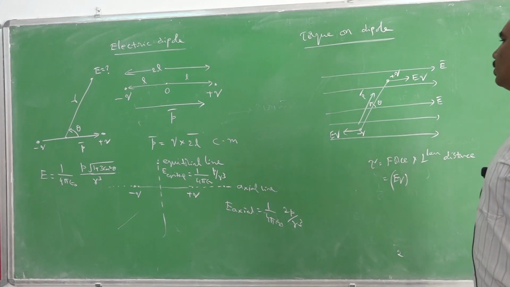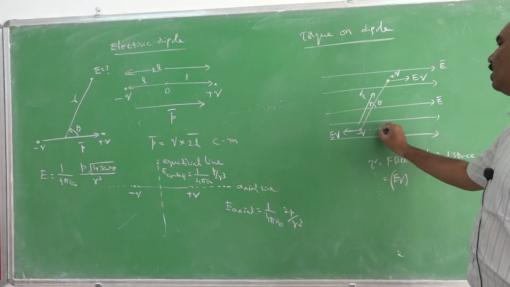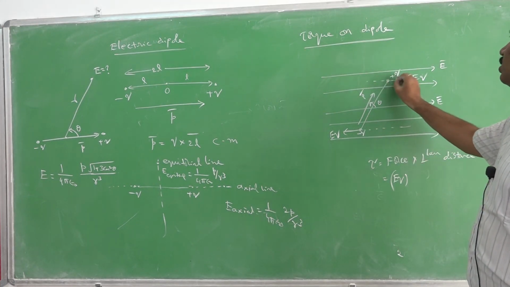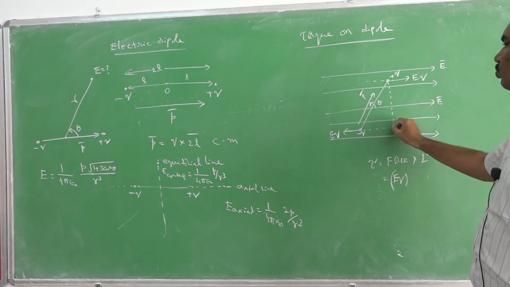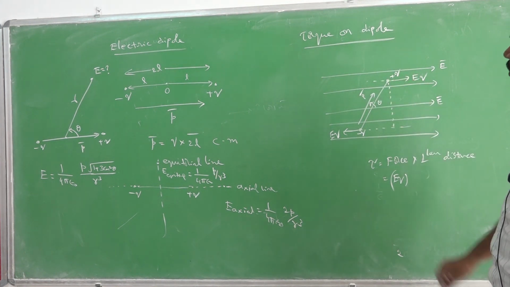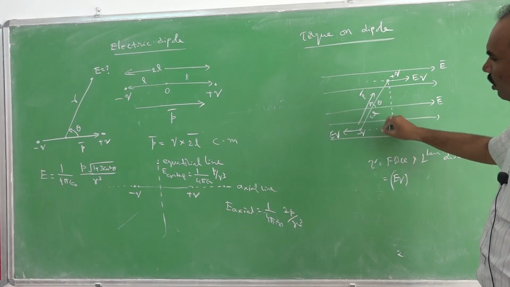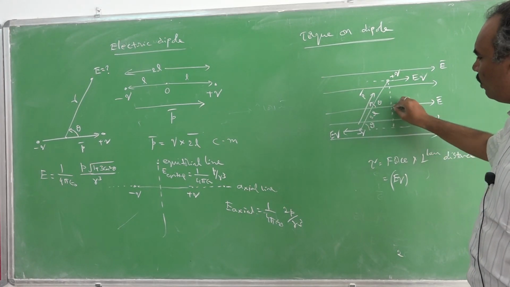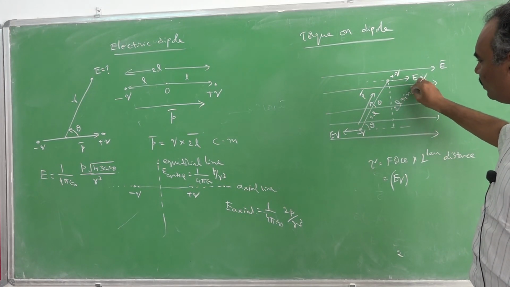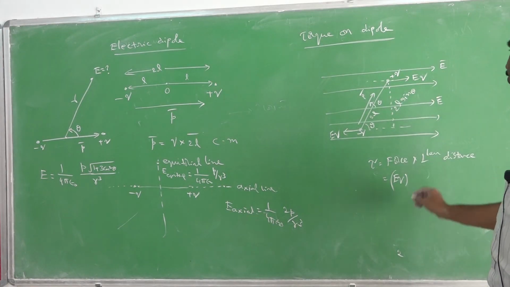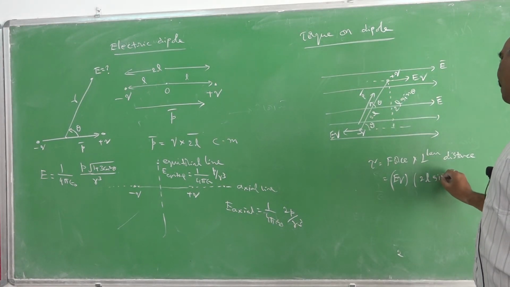What is the perpendicular distance between the two forces? This force is on this line, this force is on this line. This could be the perpendicular distance. As you know, the length of the dipole is 2L, and with angle theta, it will be 2L sine theta, the opposite side. So you can write 2L sine theta here.